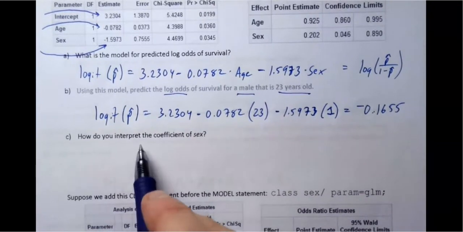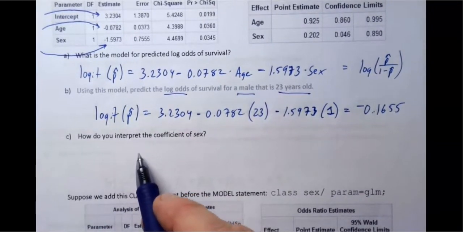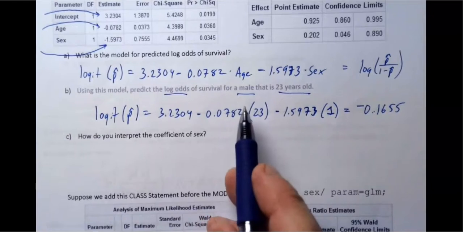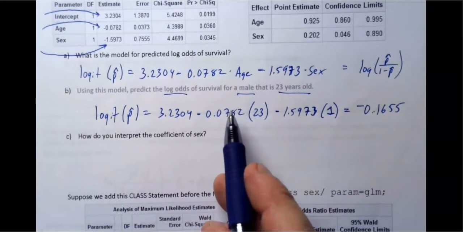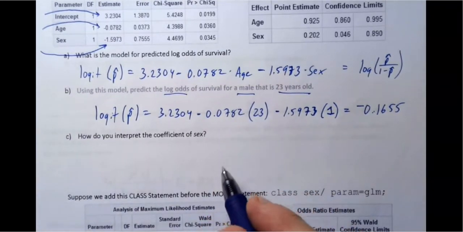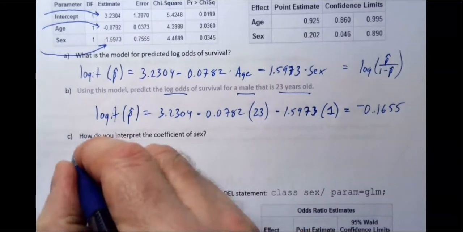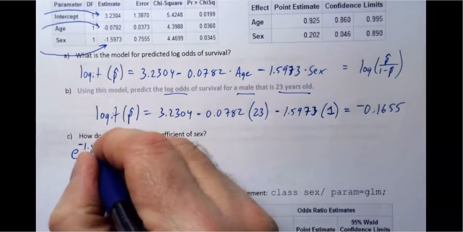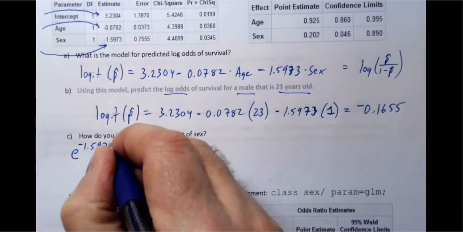So how do we interpret the coefficient of sex? Interpreting it on the log odds scale is pretty difficult, so what I'm going to do is convert it to the odds scale. So e to the minus 1.5973.